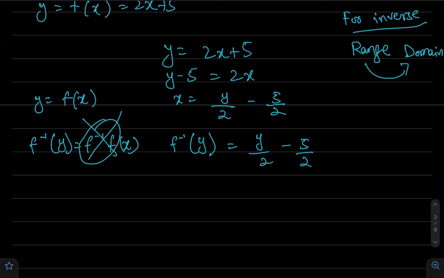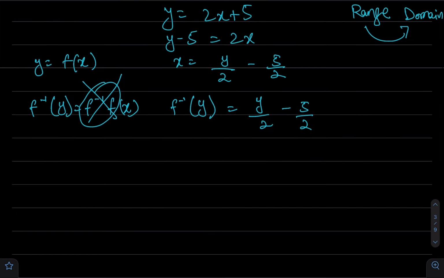And why do they cancel out? You'll understand this when we learn composite functions in another video. But f inverse of y is going to be equal to x, and so x equals y over 2 minus 5 over 2, which is equal to f inverse of y.